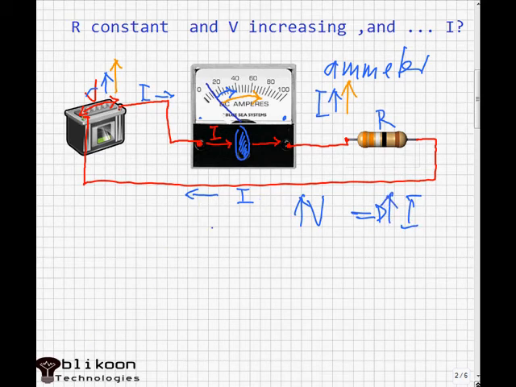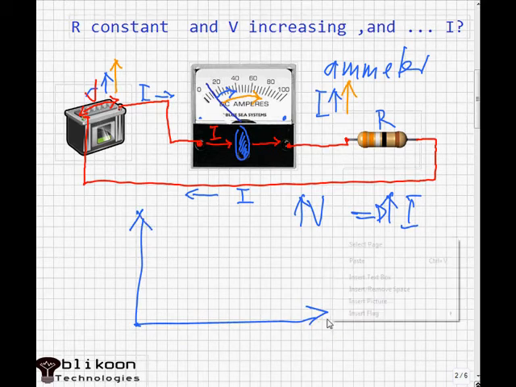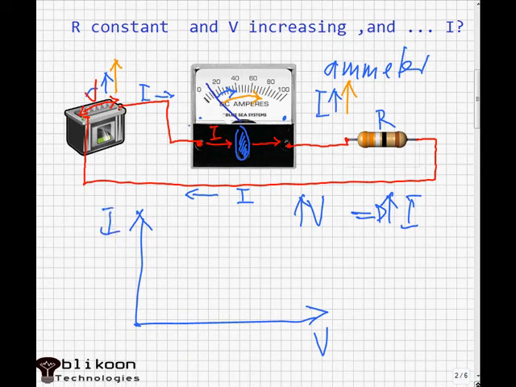If we try and use graphs to express our ideas here, we come up with a graph like this. This is voltage. This is current. Let's say this is voltage 1.